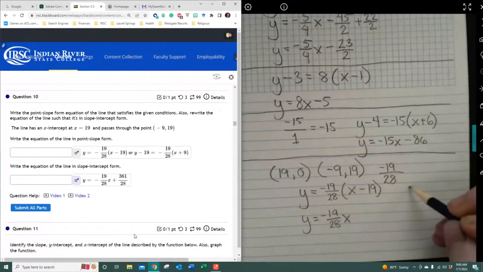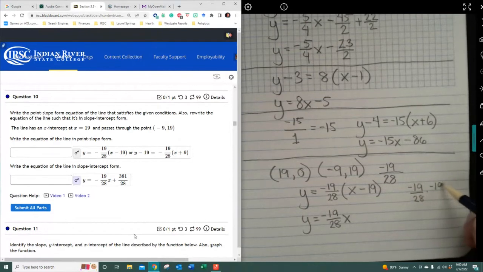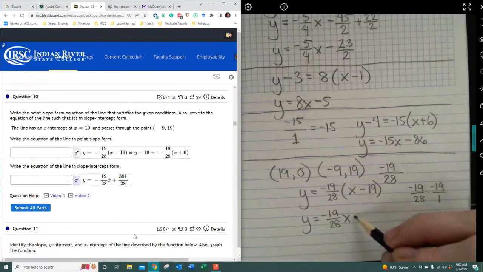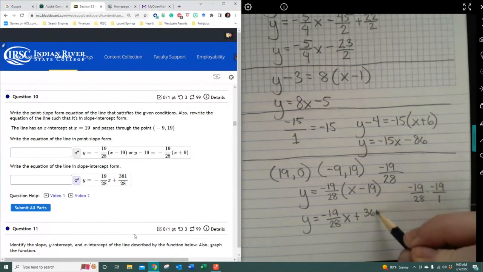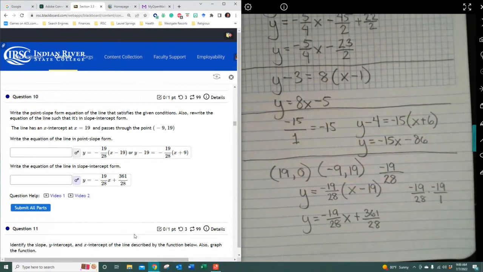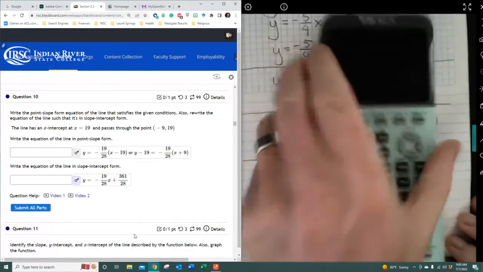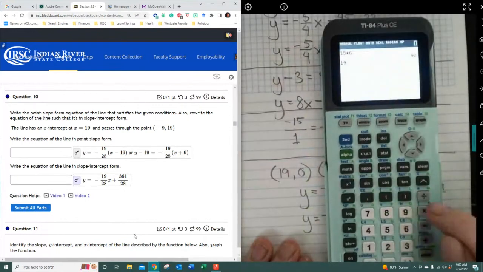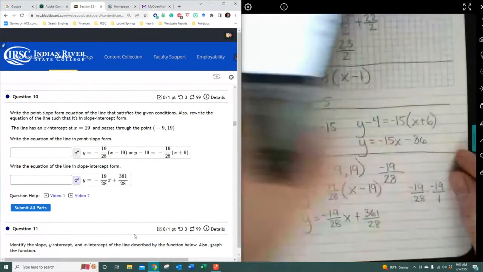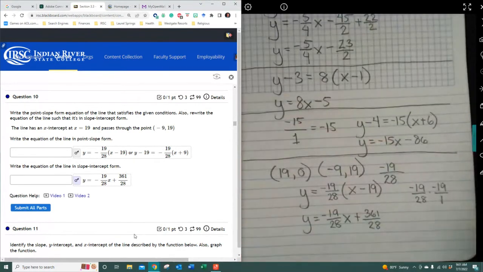And when you multiply this times this, it's negative 19 over 28 times negative 19 over 1. So this gives you positive 361 over 28. That's how that came about. If you don't trust yourself, just take 19 times 19. If you don't know what 19 times 19 is, just use your calculator.